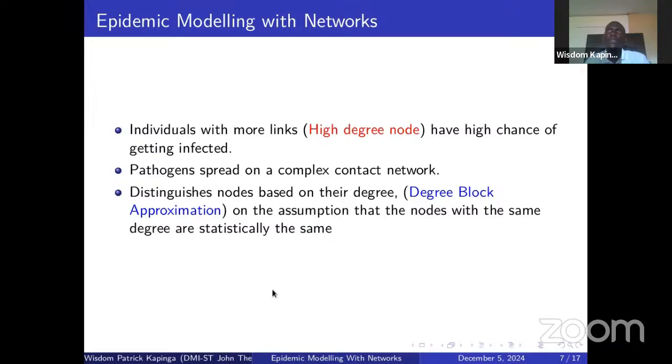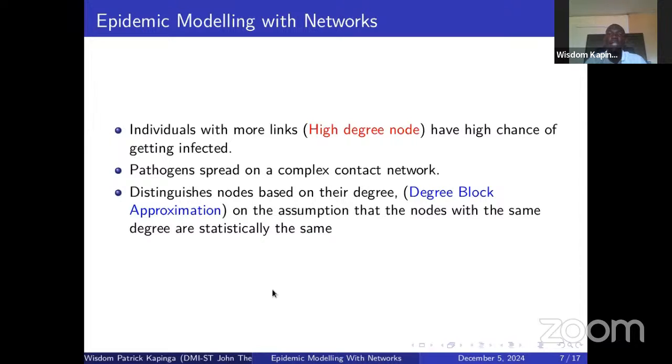epidemic modeling in general. But then why are we saying epidemic modeling with networks? As I've already said, this concept of networks in epidemics is coming in because the only possible way that you can infect another person is that you come into contact with that person.